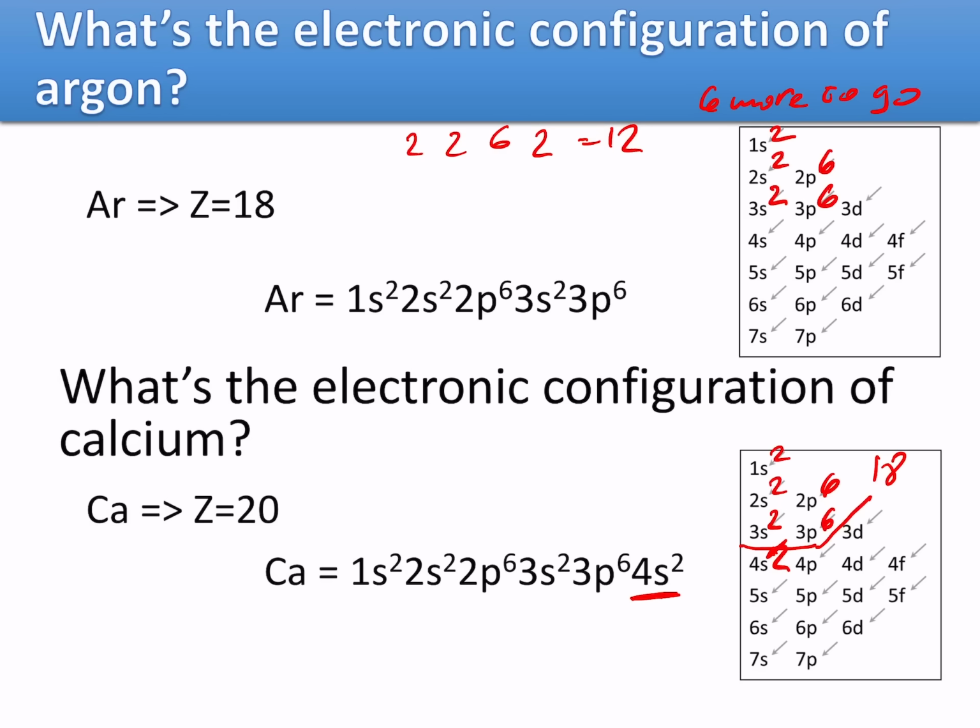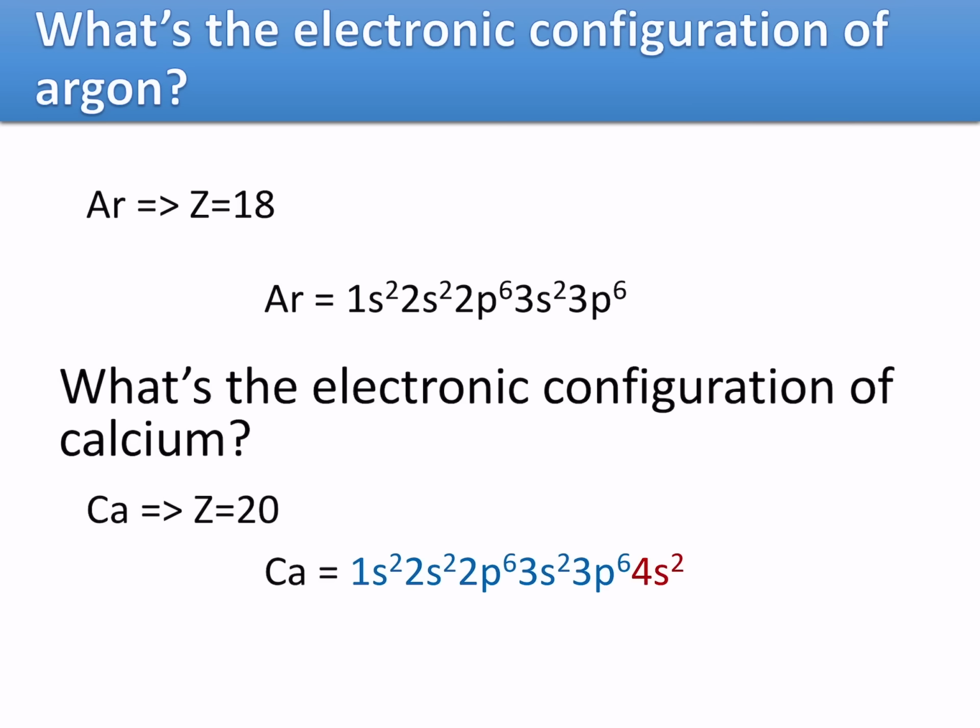Okay, but one thing that I want you to notice here is that let's take a look at that configuration of calcium, right? If you look at this part, the one that is in blue, and then you look at the argon configuration, well, it looks like they are the same, right? And remember, these are for energy levels. So the highest energy level in calcium is the 4th level.